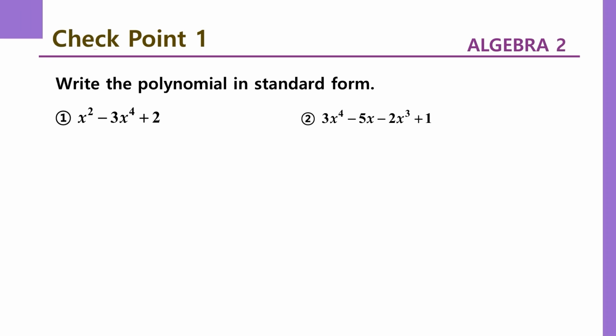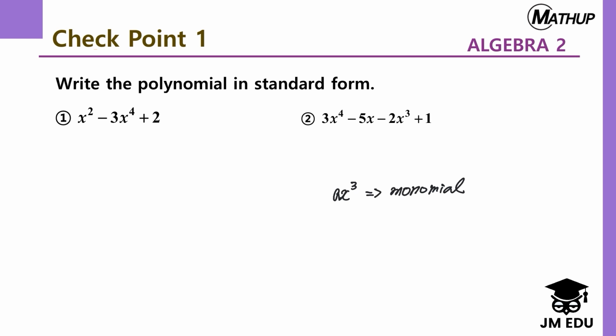The question is to write the polynomial in standard form. So let's talk about the definition of a polynomial first. Let's say we have one term, ax cubed. Then we can say this is a polynomial with one term, or we say this is a monomial.